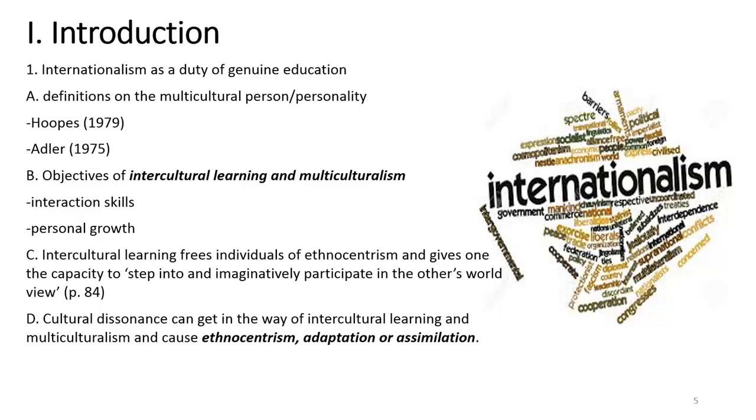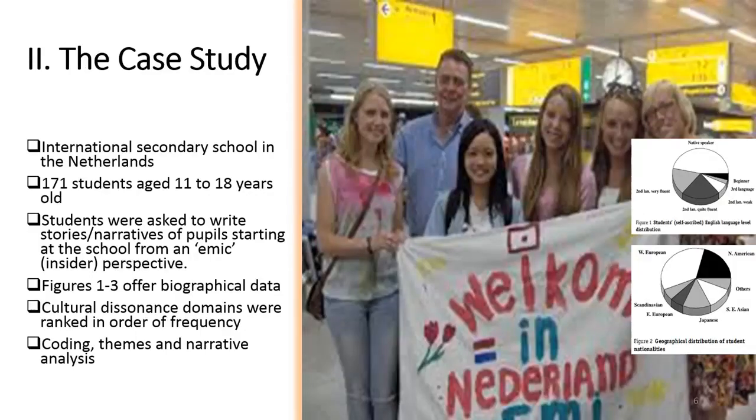And when it goes the other, it can cause ethnocentrism, it can cause adaptation, where you just develop some coping strategies to deal with other people, or assimilation, where you learn how to take on the culture of the dominant culture and abandon your own culture. So we need to be very vigilant about cultural dissonance, because it can be a positive towards our own intercultural learning, or it can get in the way and cause ethnocentrism, adaptation, or assimilation.